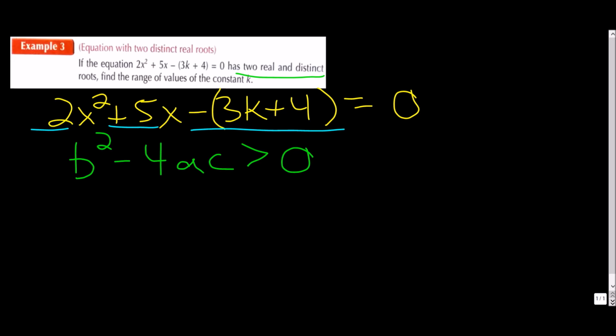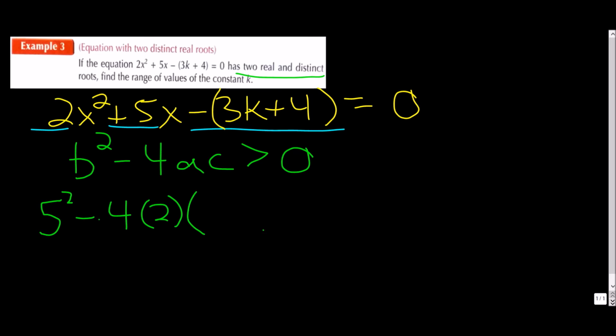So b squared is going to be 5 squared. We then have minus 4 times 2. Now, you have some options for this last part. Be careful with this because it's negative the quantity 3k plus 4. You could write that in with the brackets, but I'm going to distribute the negative to make it a little simpler for myself.